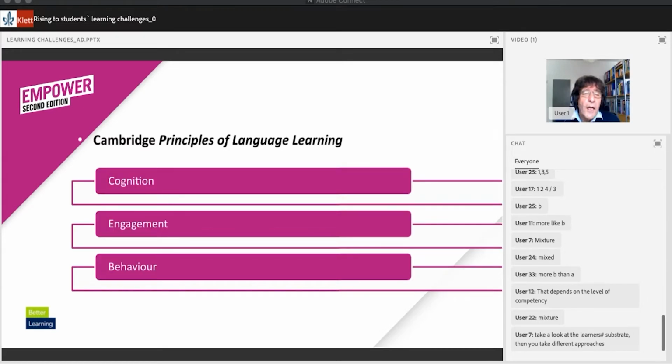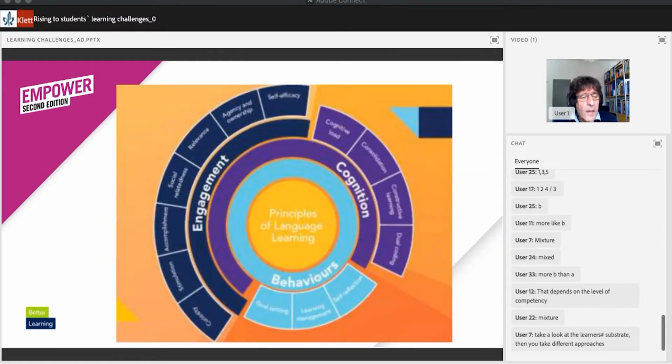They, in fact, identify these same categories that we identified earlier, plus 1 more. So cognition, the learning process, the mental processes, engagement by the learner, and also they talk about learning behaviour, which is more to do with what the learners themselves do to help themselves to learn independently. These are the principles.